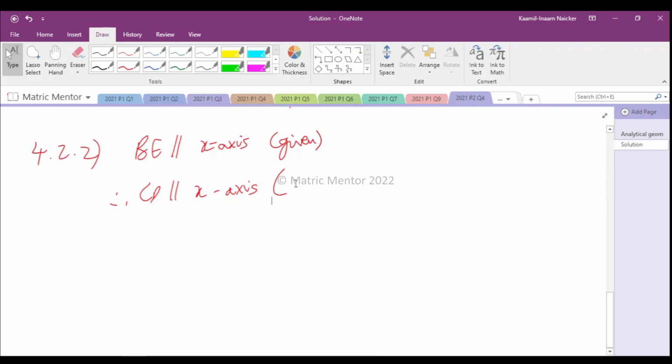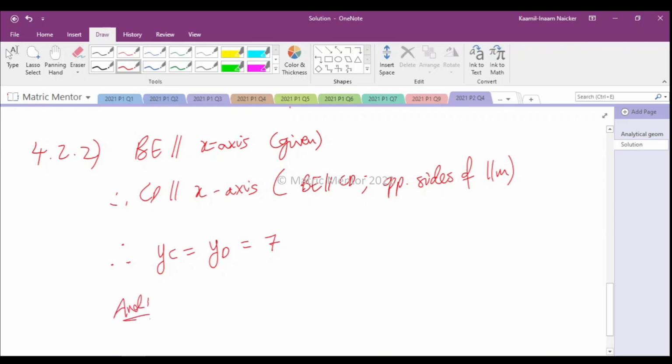So if you ever feel like you are not going to get the marks in a previous question, but you will get them in a later question, there's no harm in repeating your statements. So CD is parallel to the x-axis because BE is parallel to CD; opposite sides of parallelogram. All right. So therefore, if CD is parallel to the x-axis, then the y value of C should equal the y value of D, which is equal to 7.